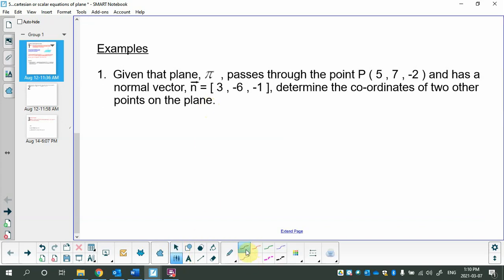So the first thing I want to mention is this is your short form for line, and the pi symbol is the short form for plane. I did not make that up.